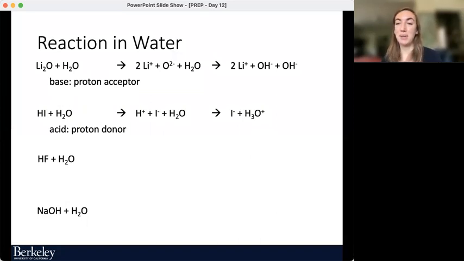There's a question in the chat about if it's giving or taking protons, won't it change elements? This is where it's important to remember that hydrogen is just one proton. It's not that I'm taking a proton from the nucleus of my iodine. If that was the case, then absolutely I would be changing iodine to some other element.